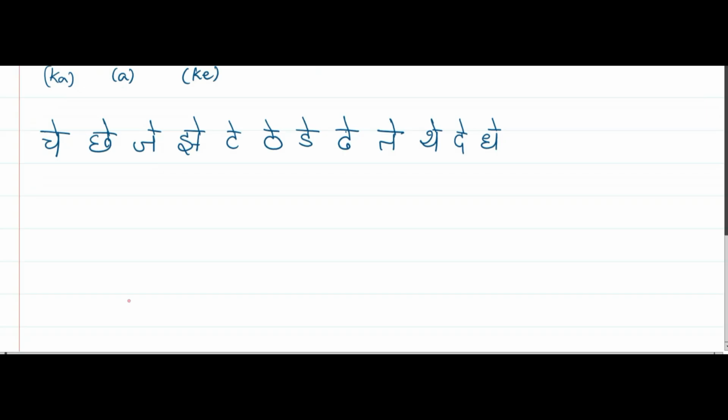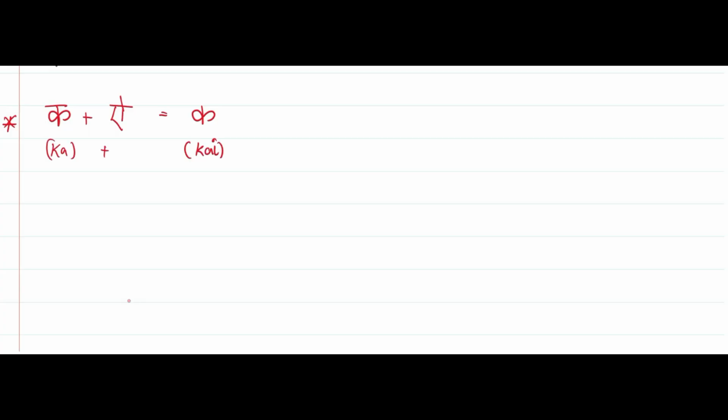So let's go to the next one. So it's K plus ai sounding. If I want an ai sounding, then it becomes kai. So K plus ai is kai. Right?